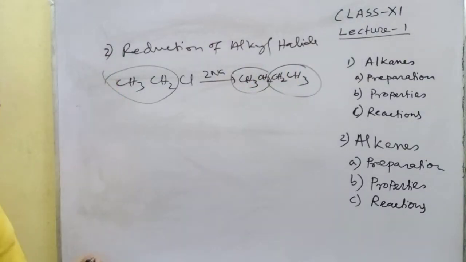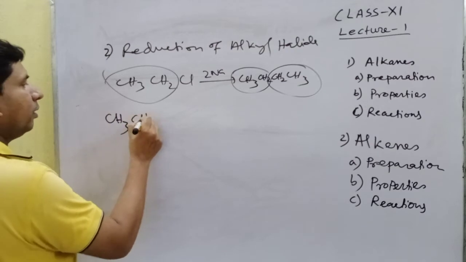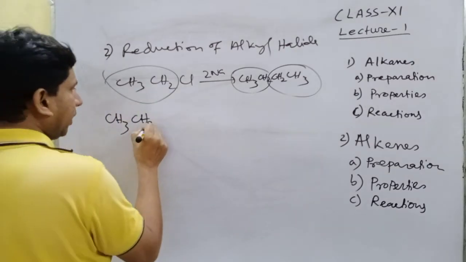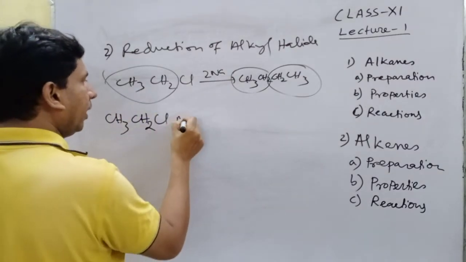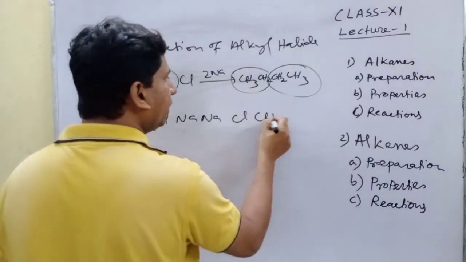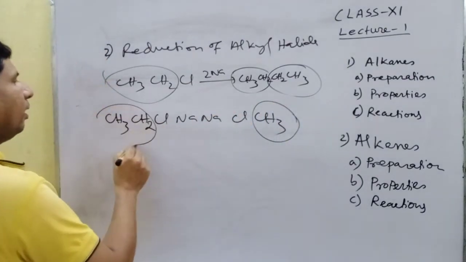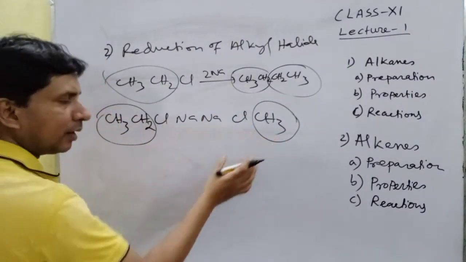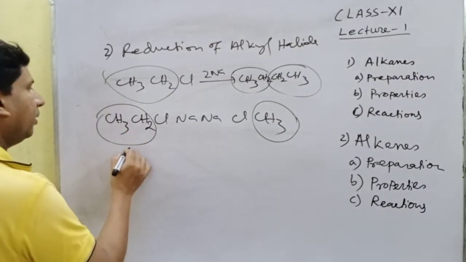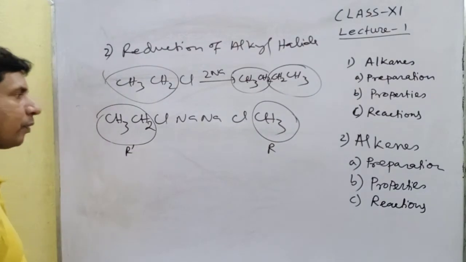Okay, no problem. But if we use it in this way, CH3CH2Cl with Na and Cl CH3, then this is one R, this is the another R. So this R and this R are not equal, then we can write this is R dash and this is R, no problem.